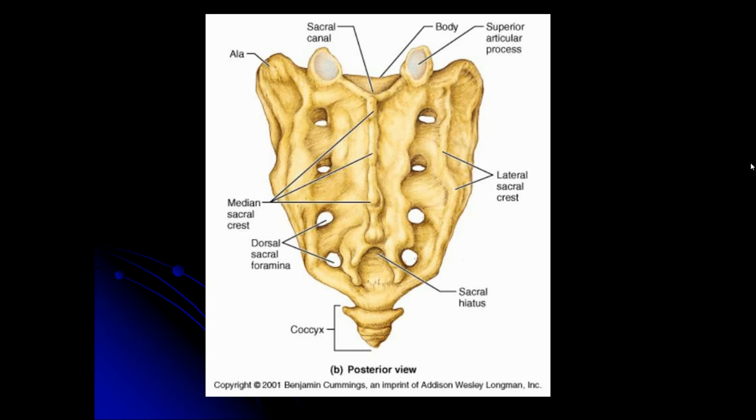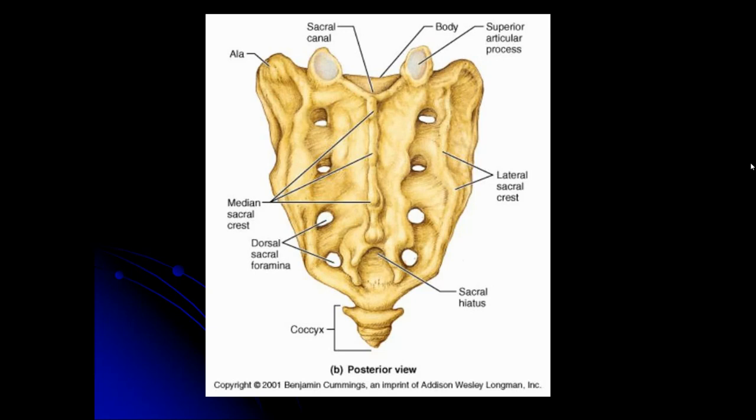Let's look at the sacrum and the coccyx. Remember, these are fused bones. In children, the sacrum is 5 bones, and the coccyx in children is 4 bones. But fusion happens, and when you're an adult, the sacrum is 1 bone, and the coccyx is 1 bone. So here you can see both the sacrum and the coccyx.